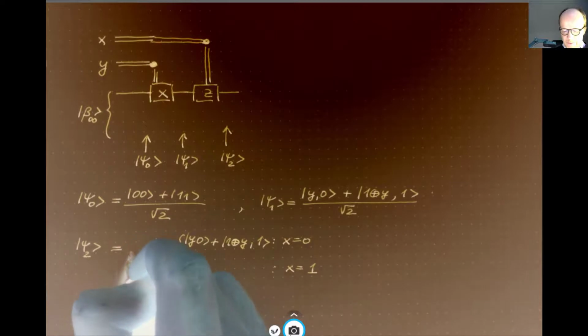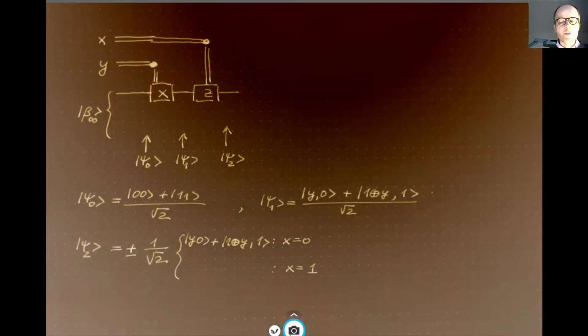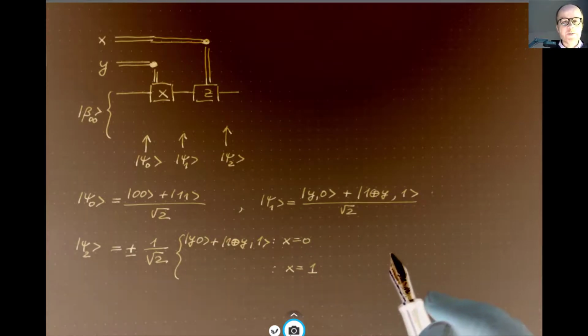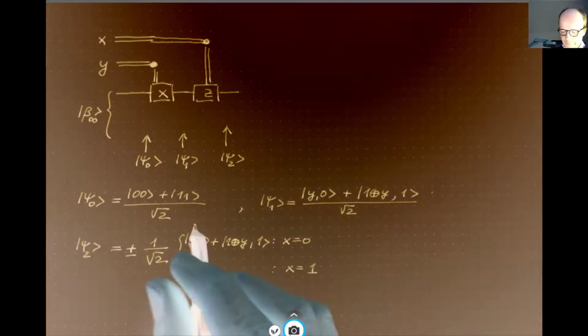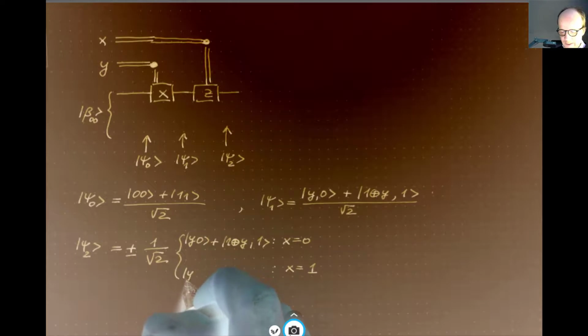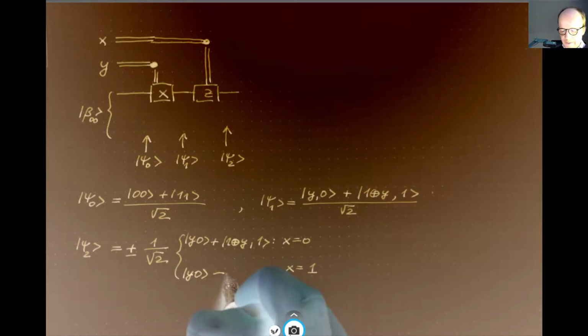So let me indicate this here in front of the 1 over square root of 2. There might be an overall sign, but we don't care about that. But what is clear is that whatever the value of y, the action of Pauli Z will introduce a relative minus sign. So we will have |y,0> minus |1 plus y,1>.